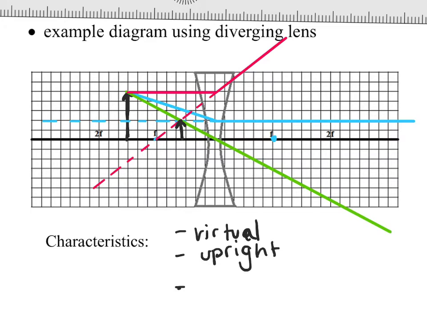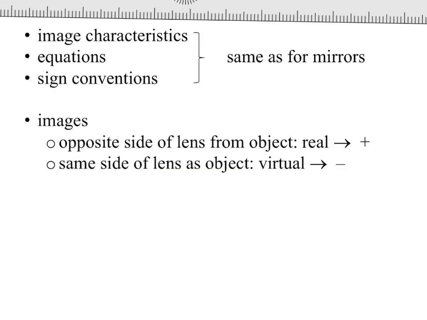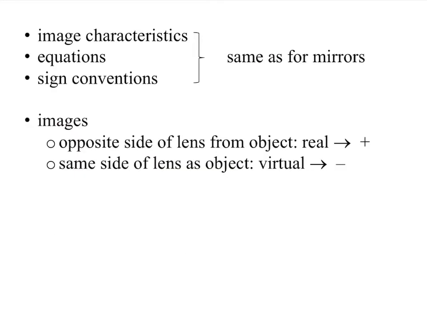Virtual images are always upright. But this is telling us that this is always going to make something smaller. Okay, so these lenses are used if you need to make a smaller image rather than a larger one. So if you need to take something really big and make it look smaller. Okay, so those are what's happening with our images.